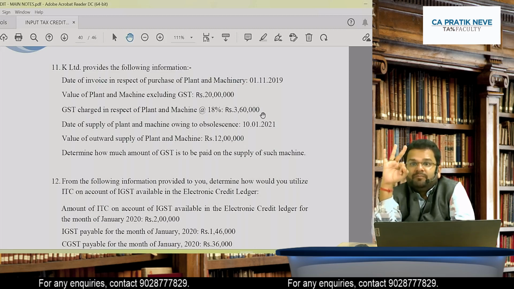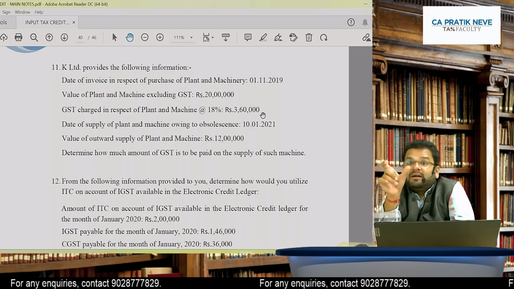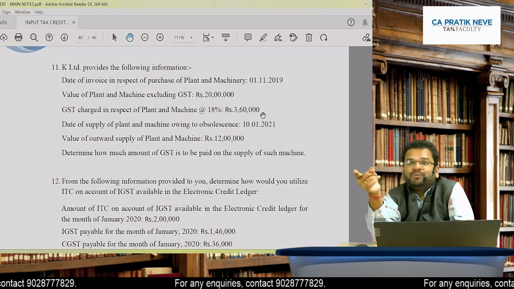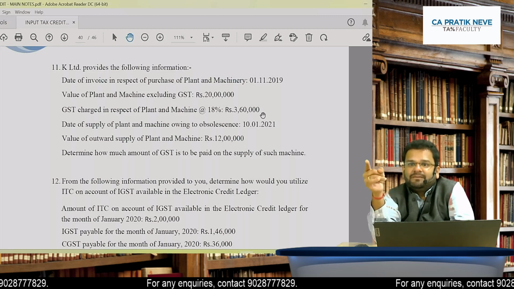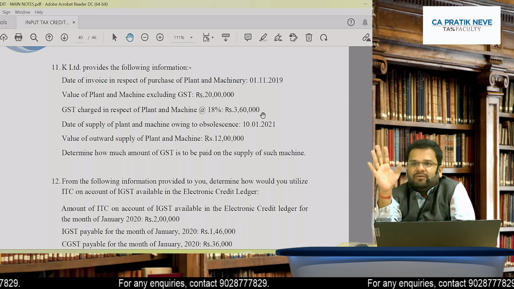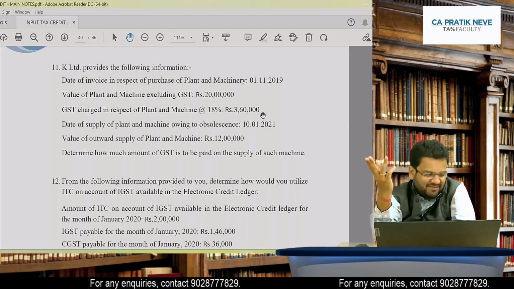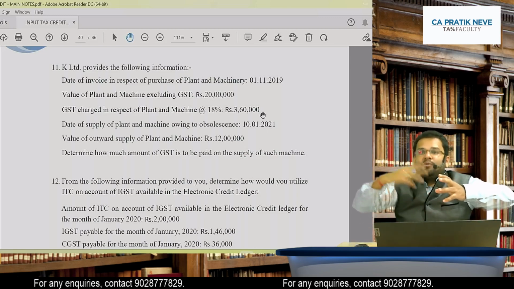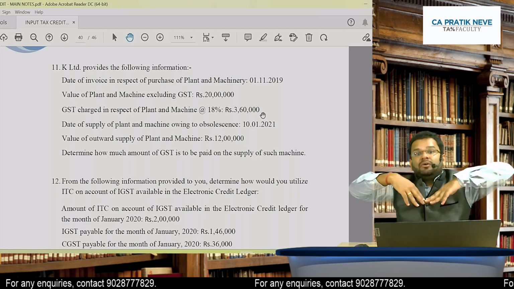Yes, wonderful. So this, friends, is comparable with the explanation to section 16 subsection 2, clause B. What I said, did you understand? I am ordering goods, but I am not getting them. Who is getting them?